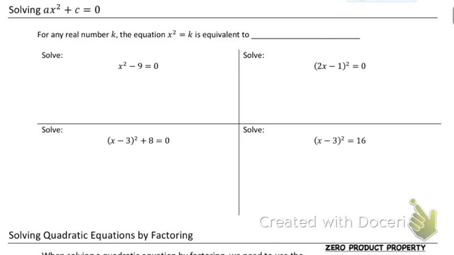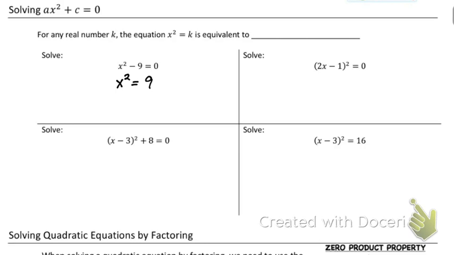In fact, if we're looking at this one, we have x squared minus 9 equals 0. So to use the quadratic formula, you'd have to put a 0 in for your b term. But then you're doing that whole quadratic formula, making sure you do everything correct, when it's going to be much easier to just move that 9 to the other side and give you x squared equals a positive 9.